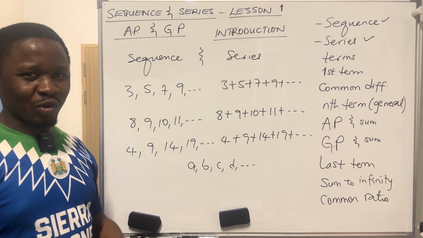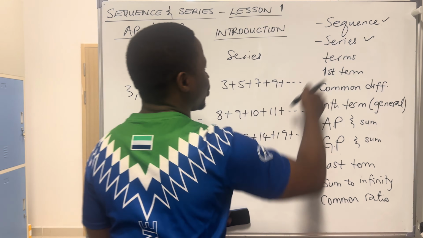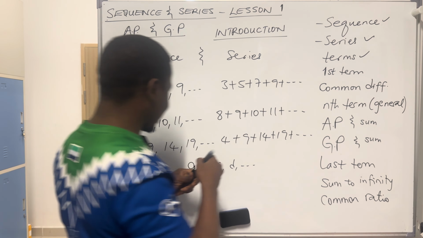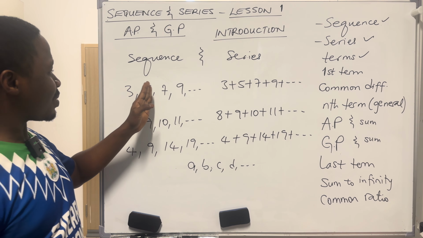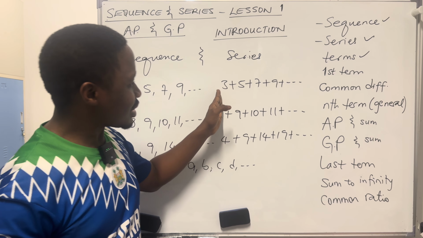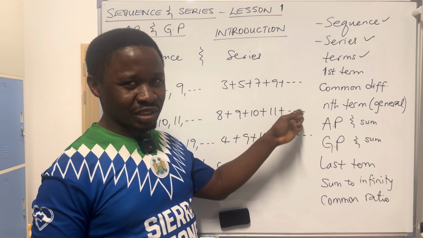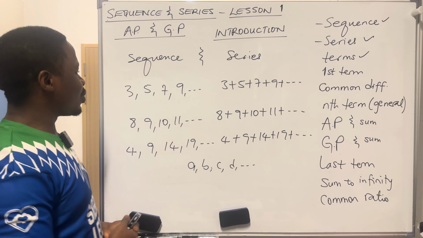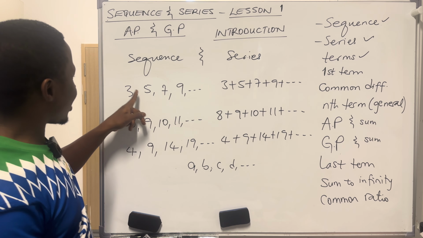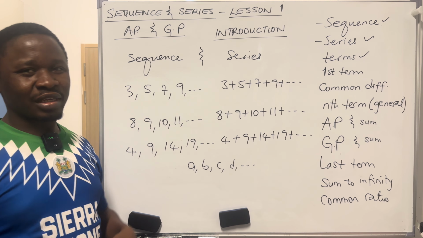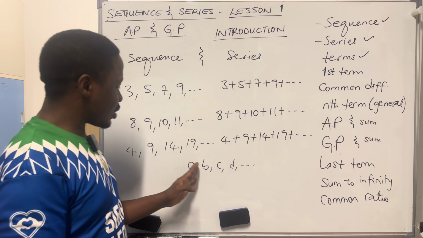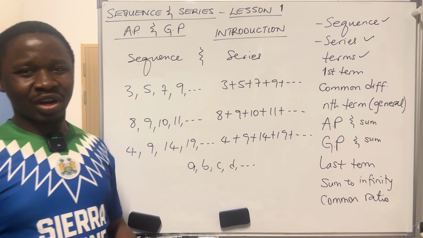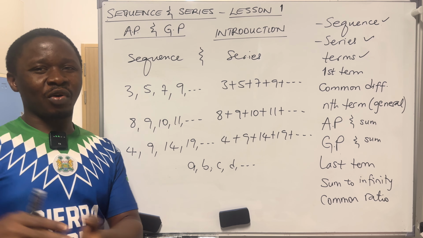And we don't want to be saying specifically the first letter, second letter, first number, second number. Rather, we use the word term. So we can say first term, second term, third term, fourth term. We don't want to say four numbers, four letters, four mangoes.